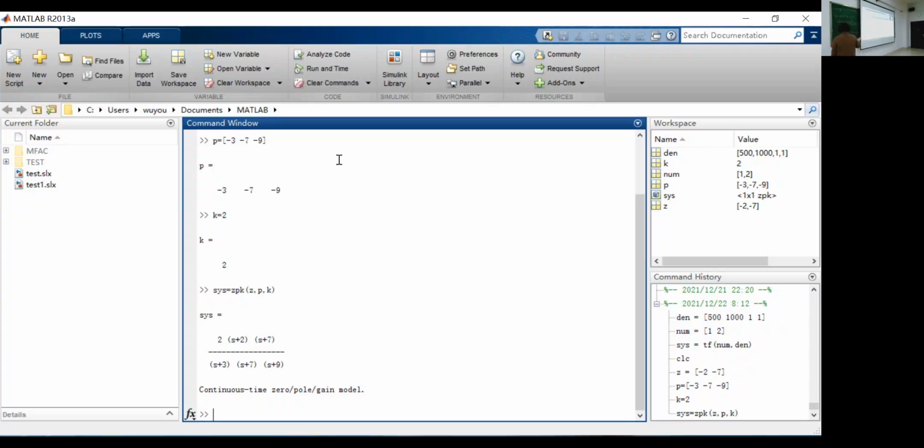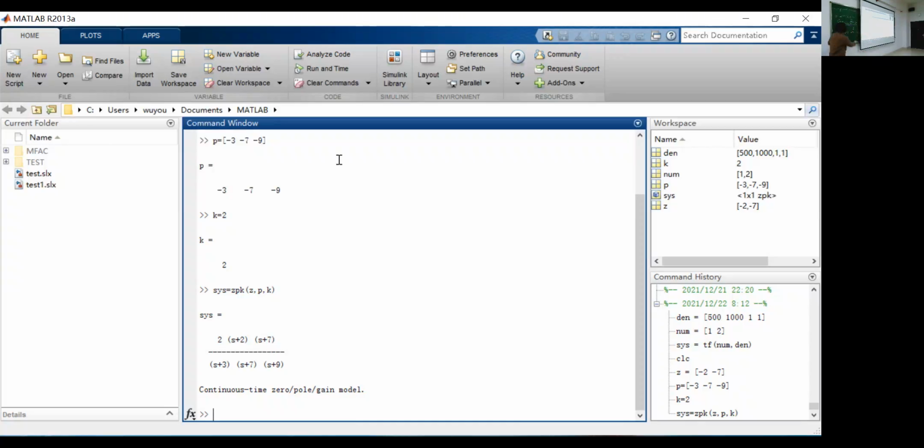Here is the special problem. Sometimes the system has no zeros. It does have this kind of situation. So how do we still use ZPK to write the transfer function in Matlab? Since there are no zeros, we still need to name a matrix of zeros, but does it have a value here? No, we just leave Z empty.